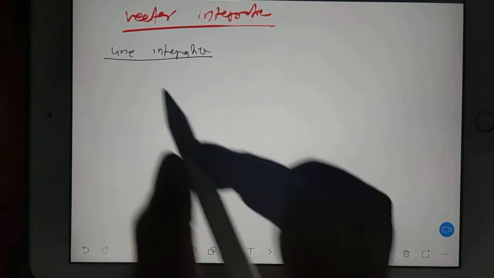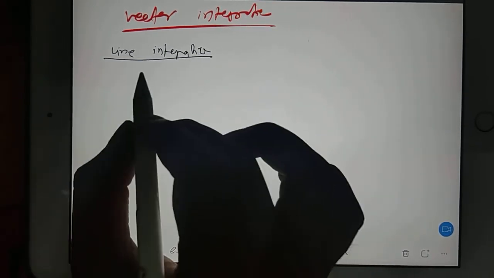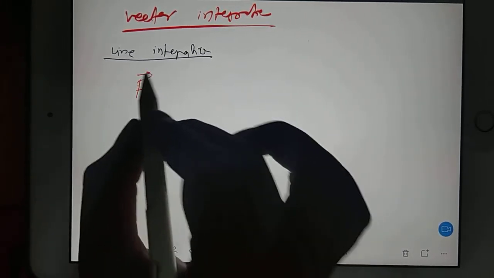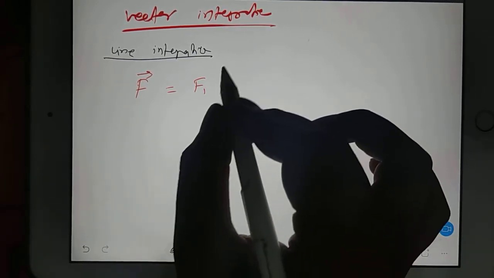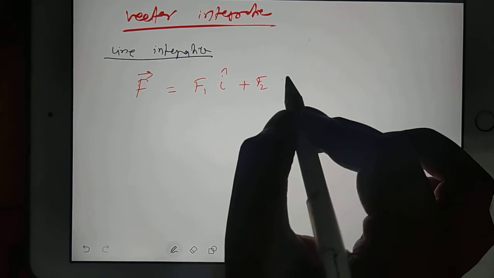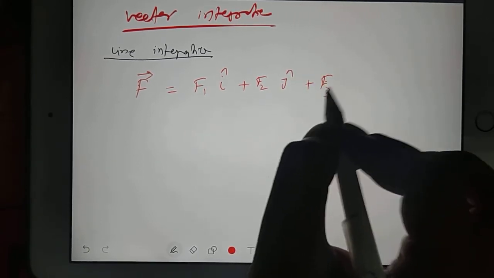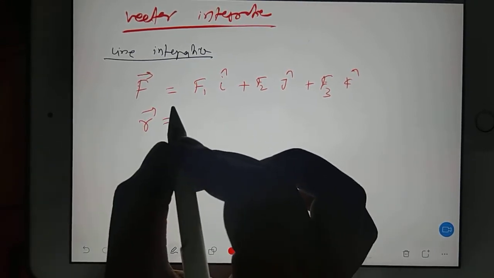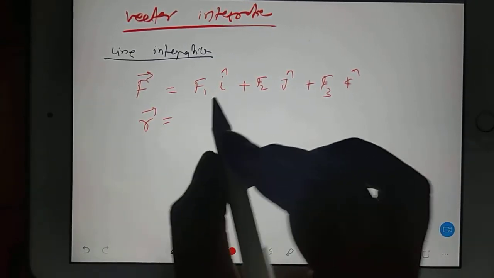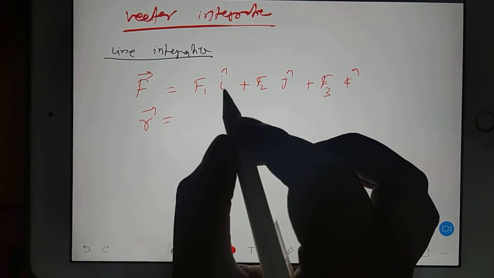Okay, now in line integration, suppose any vector is given as f equals f1 in i direction, f2 in j direction, f3 in k direction. Your position vector r always contains the x, y, z location, so that is the coordinate of any point.